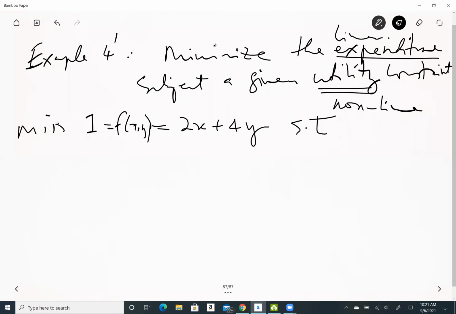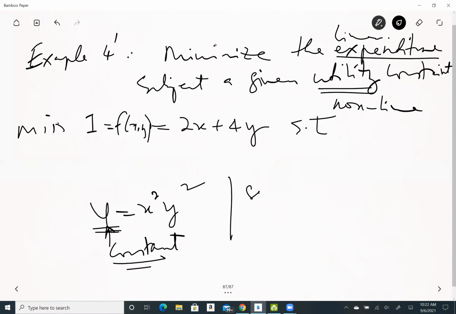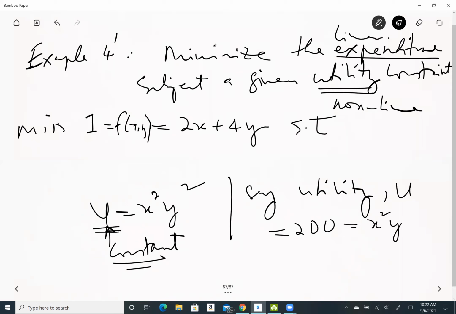Subject to the utility, which is u equal to x squared y squared. I have to put a fixed number here, a constant, because now that is our constraint. So let's say subject to the utility, u equal to 200. In other words, 200 is equal to x squared y squared.